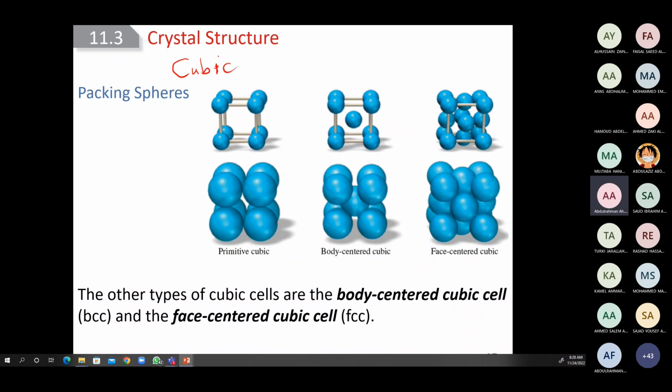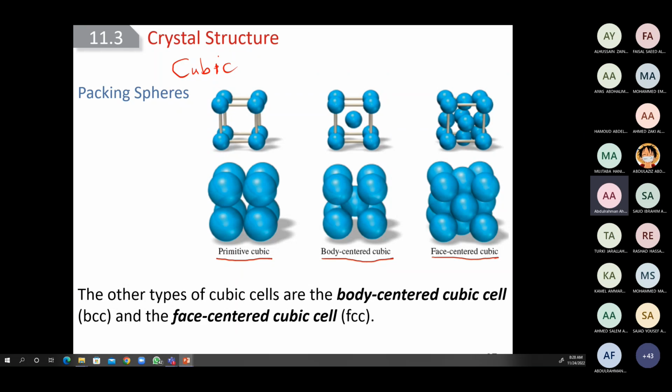We have 3 cubic structures: primitive cubic, body-centered cubic, and face-centered cubic. In the primitive cubic, the lattice points are occupied with atoms, like this one.